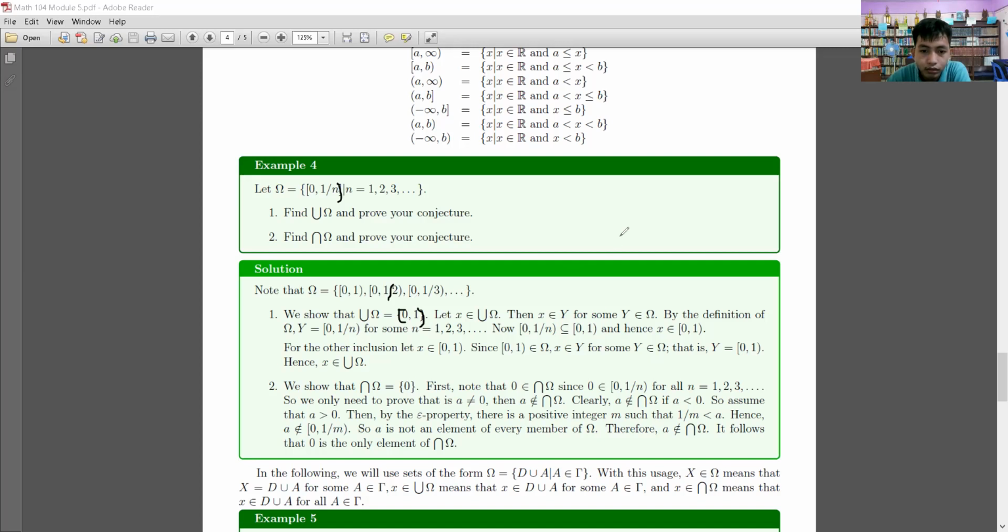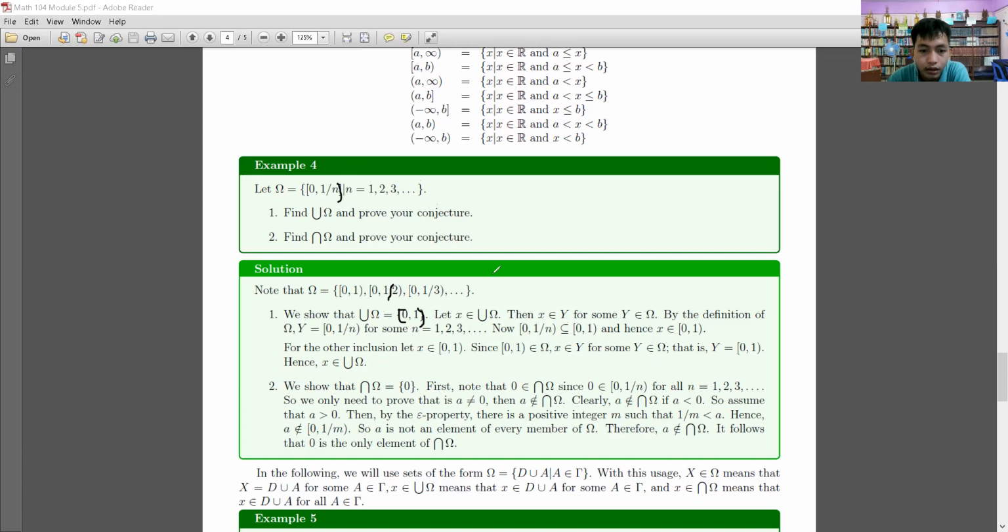So what do we do? Let x be in the generalized union. Then, by definition, x is in y for some y in omega. This first part is just the definition. By the definition of omega, the y's are half open intervals from 0 to 1 over n for some n equals 1, 2, 3, and so on.